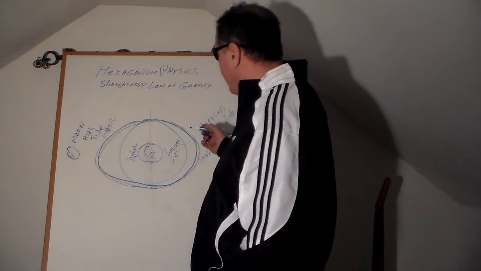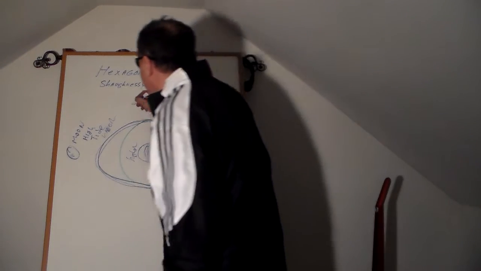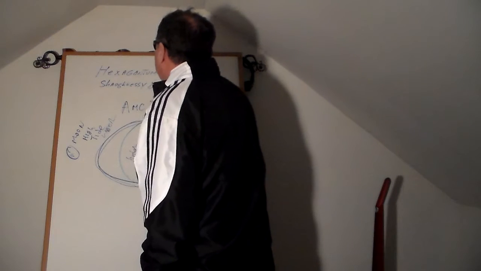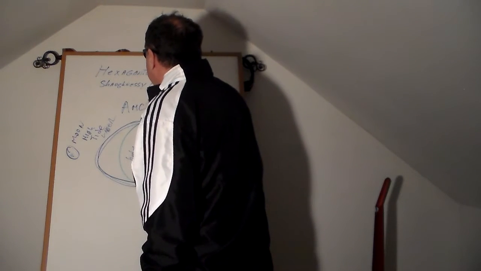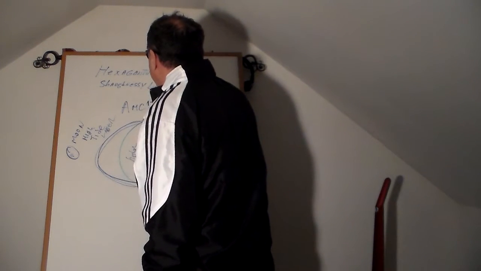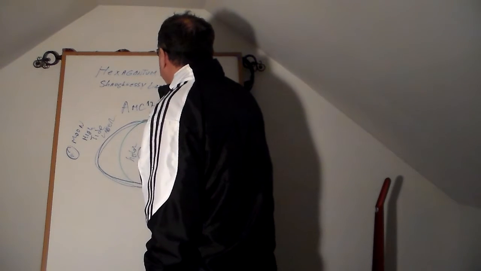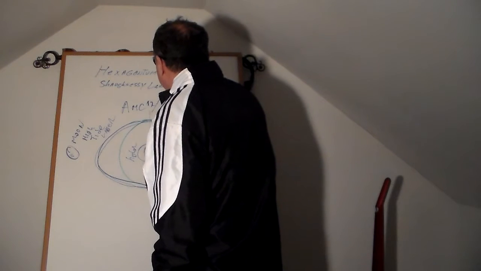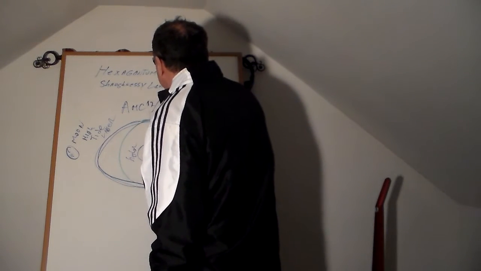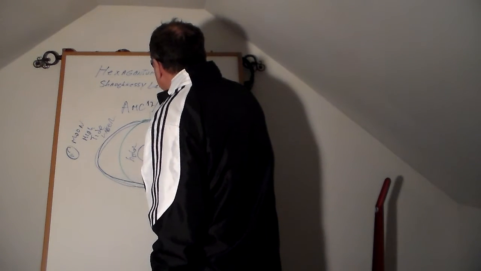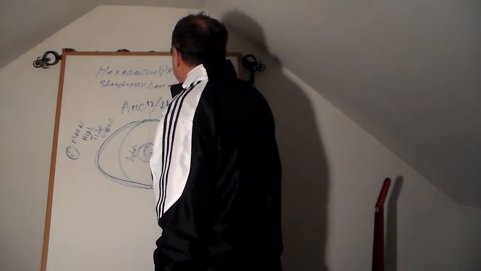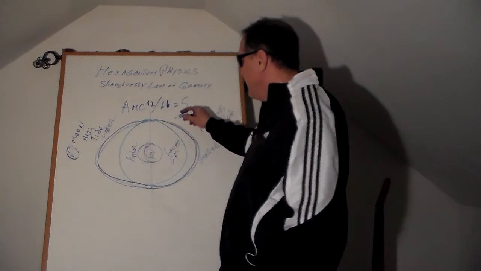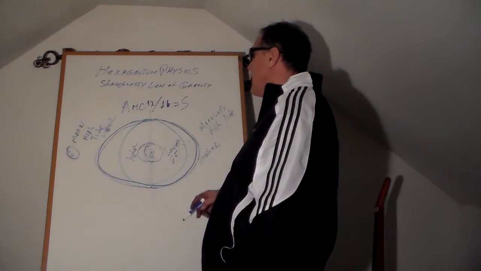All right, so the formula that expresses all this is AMC squared divided by dB equals S. A is the angle of mass off the planet, and that's the angle in radii.